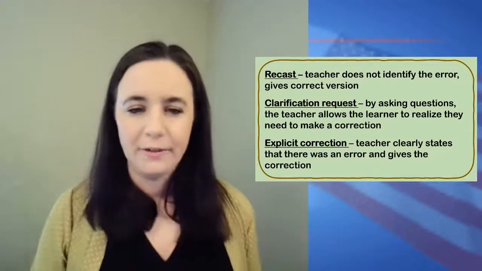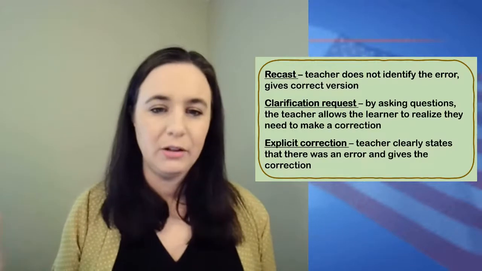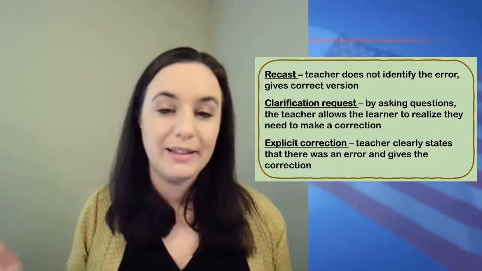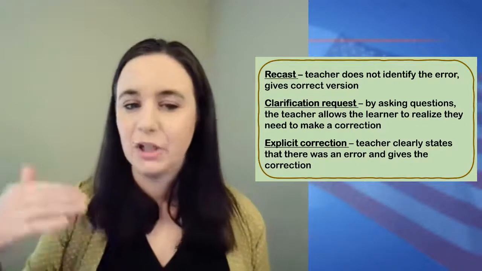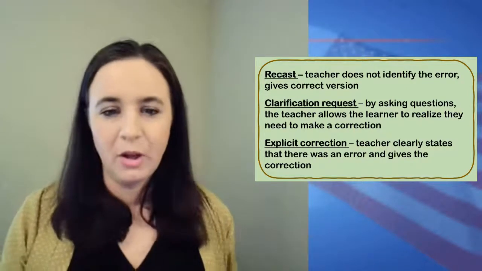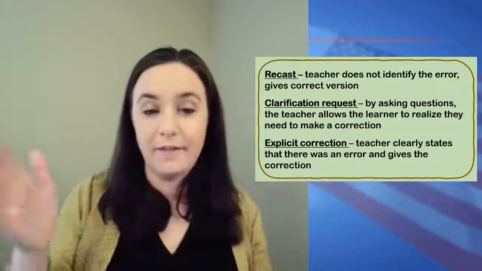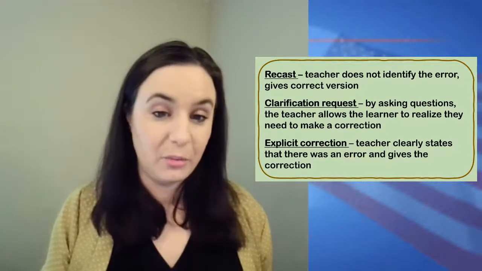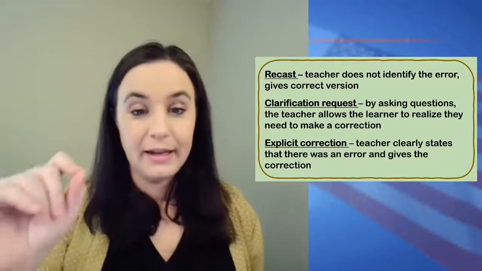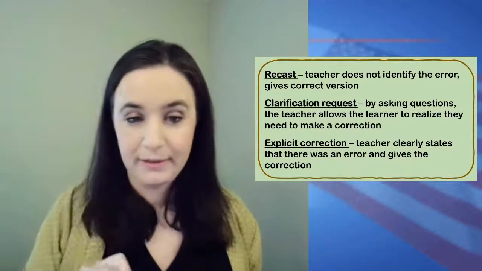Then we have the clarification request, where by asking questions, the teacher allows the student to realize that they made an error, that they need to correct something. We contrasted that with, on the opposite side, explicit correction where the teacher specifically says, here's the error and here's what you meant to say.